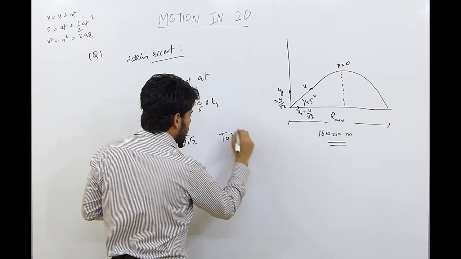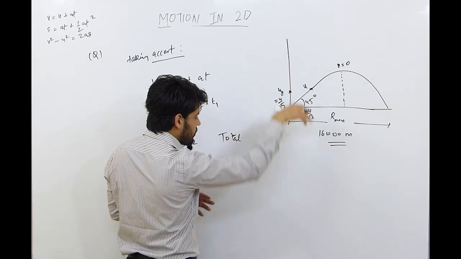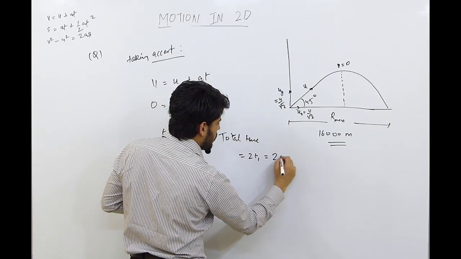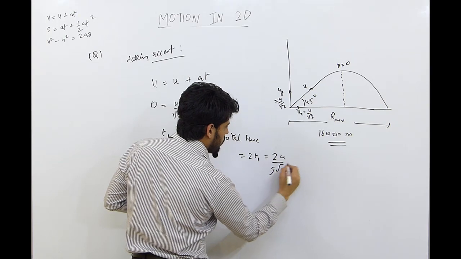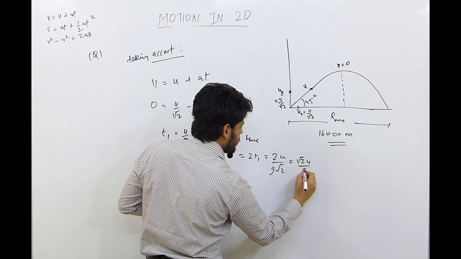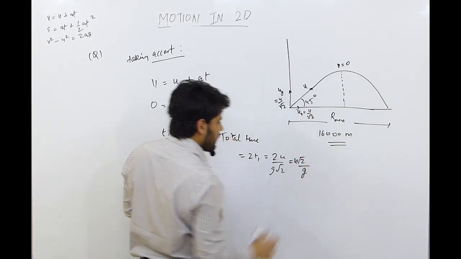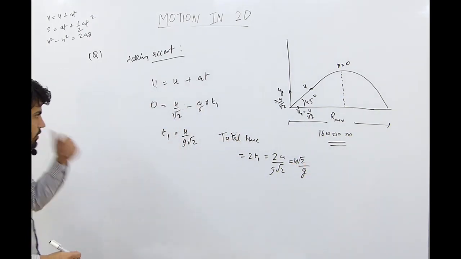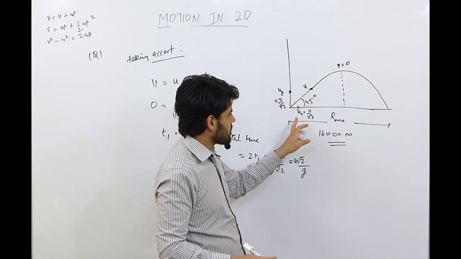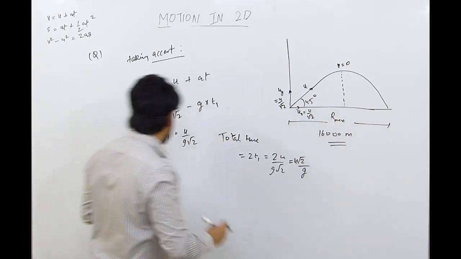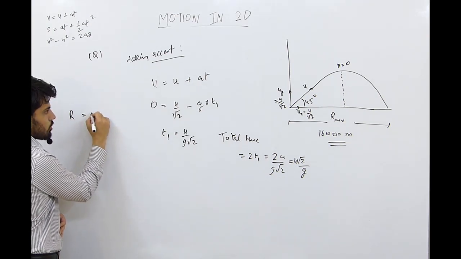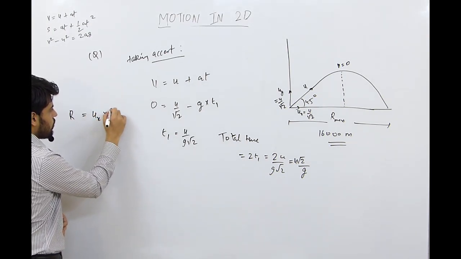The total time, when the bullet reaches the ground again, is equal to 2 into t1, that is 2u by g into root 2, which is root 2 u by g. You can write it as u root 2 by g. This is the total time. Now you must be knowing that this is a horizontal distance, so we will use the normal speed-time formula. So range is equal to speed, that is ux, into total time.